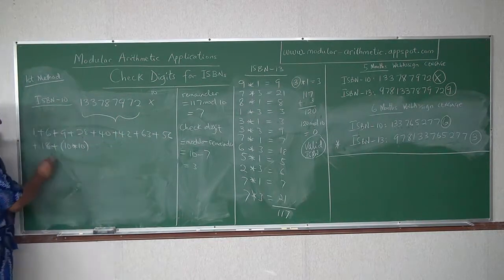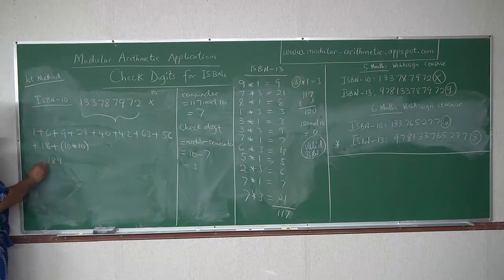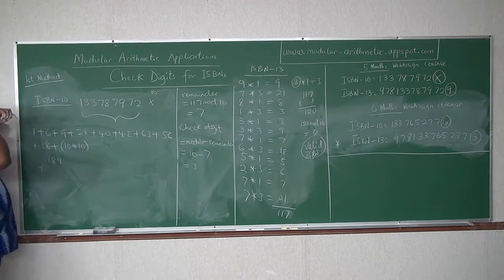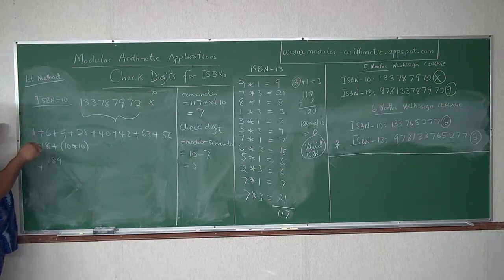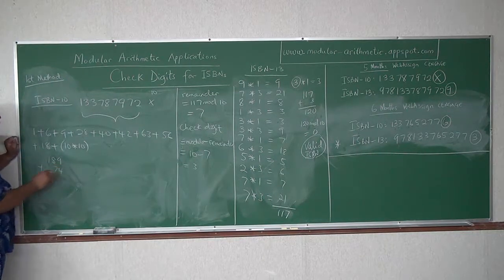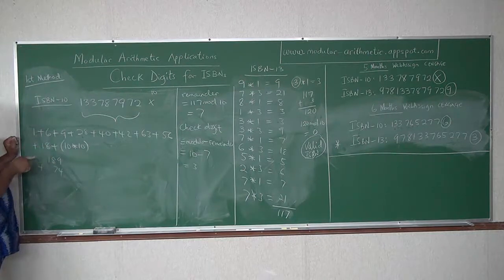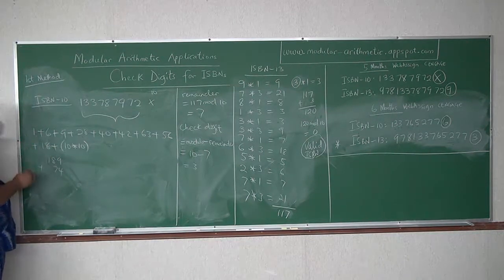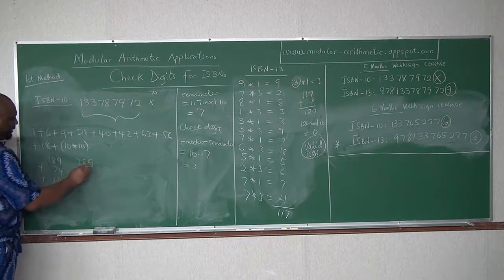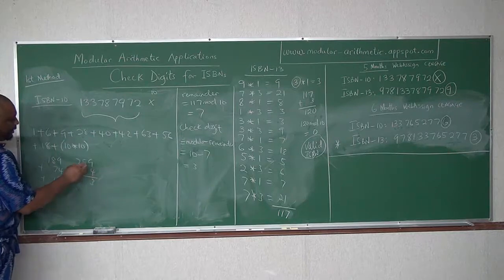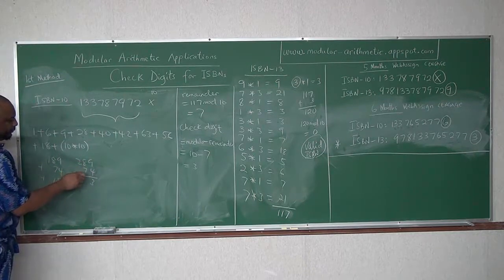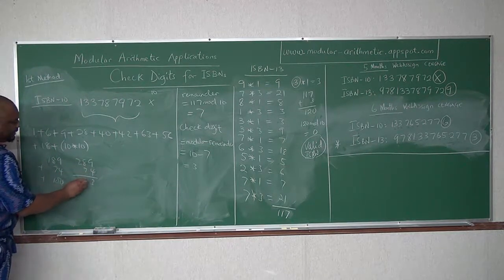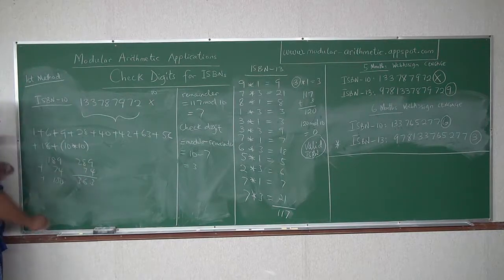So we have 189 plus 74, right? 56 plus 18 is 74. Plus 100.